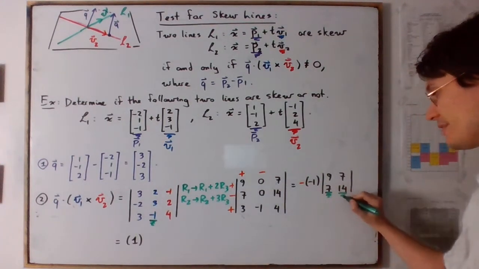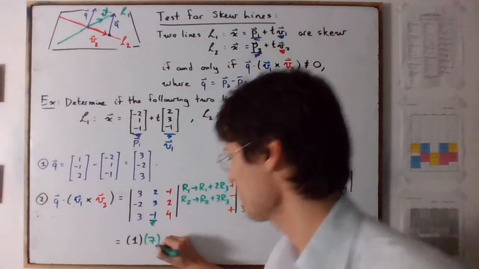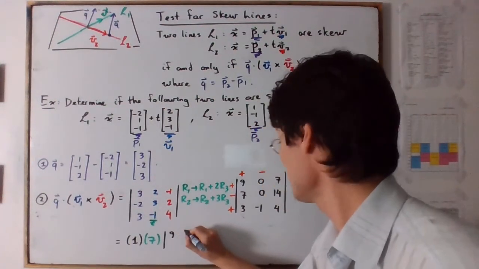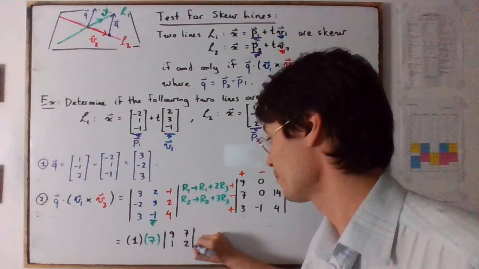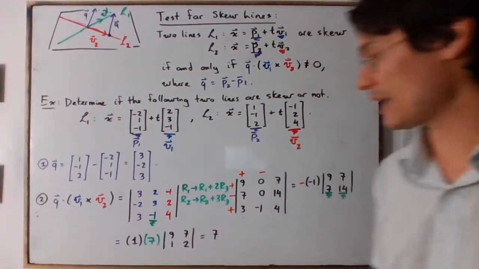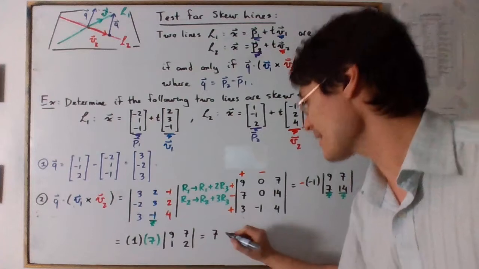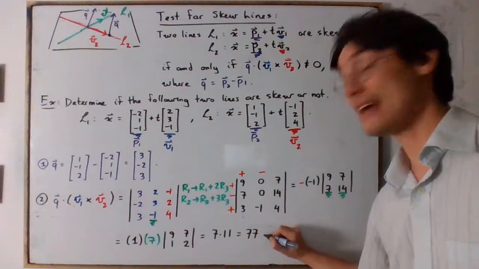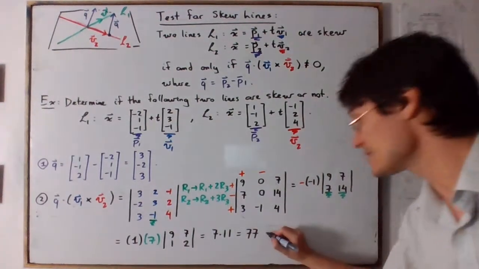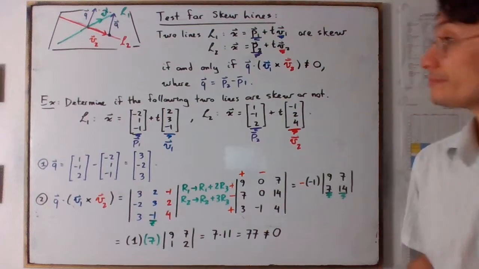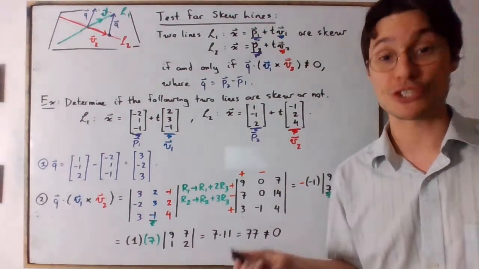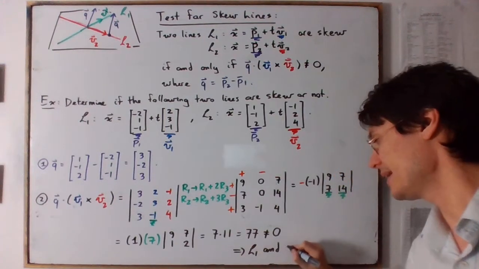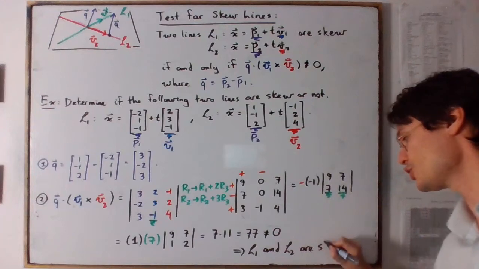You have 7, 14, so let's take out the 7. Then we have a much simpler determinant to compute: 9, 7, 1, 2. Overall, 7 multiplied by 18 minus 7, which gives us 11. So this calculation gives us 77. And because it is not 0, it means that L1 and L2 are skew. So L1 and L2 are skew.